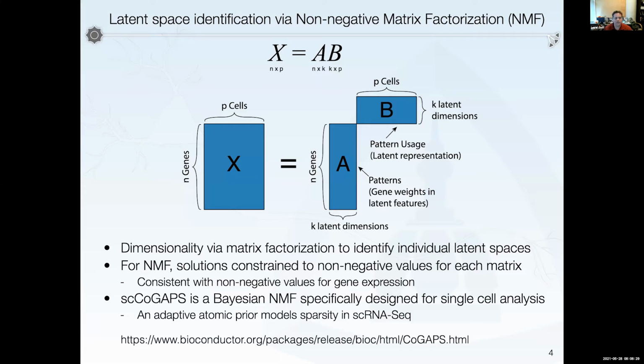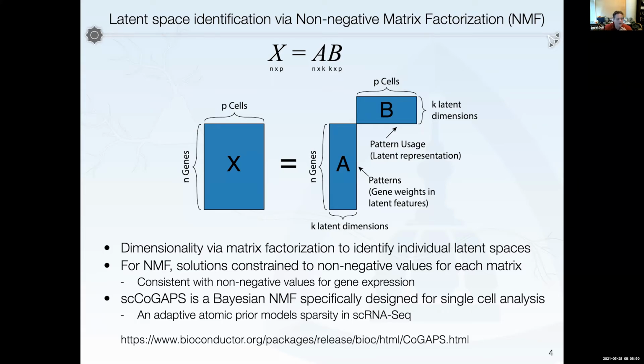We like to focus on non-negative matrix factorization, and this is a brief overview of what that does. It takes a matrix of gene expression values by cells and factorizes it into 2 different matrices, the product of which is a reasonable approximation of the original matrix. I don't have a pointer here, but I'll just use my voice.